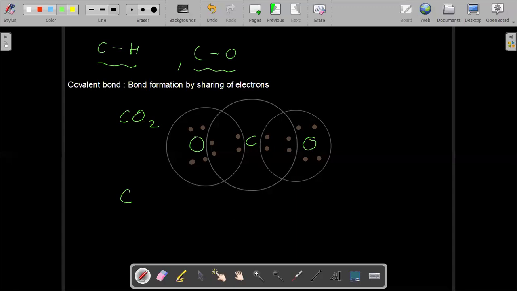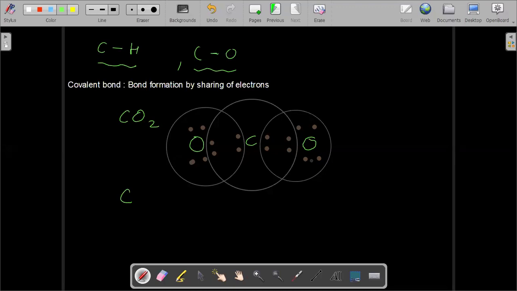During the formation of carbon dioxide, oxygen is not taking the electron of carbon completely. Rather, it is sharing its electron. Sharing means the electron that belongs to carbon will be compensated for oxygen also, and two electrons of oxygen will be shared with carbon also.